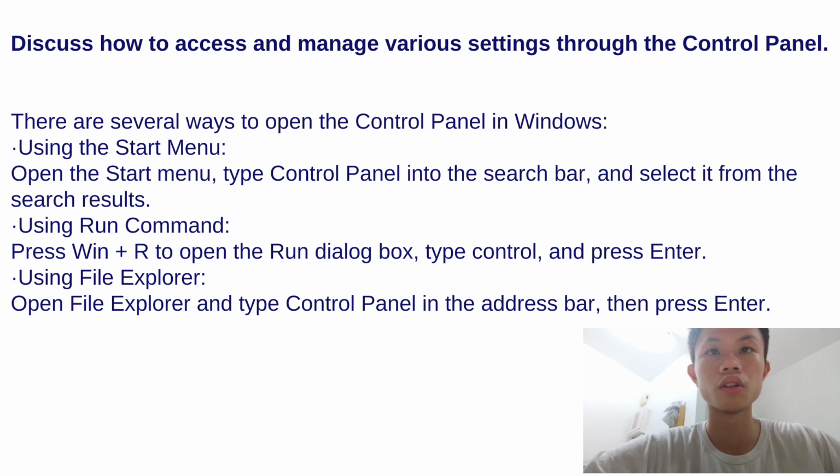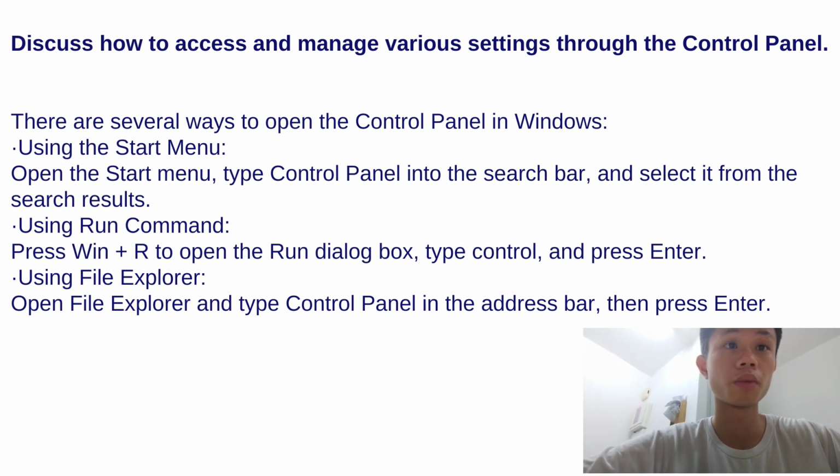Or you can use the Run command: press Win plus R to open the Run dialog box, type control and press Enter. Or you can use File Explorer: open File Explorer and type control panel in the address bar, then press Enter.